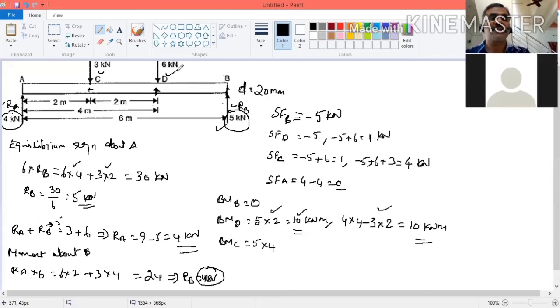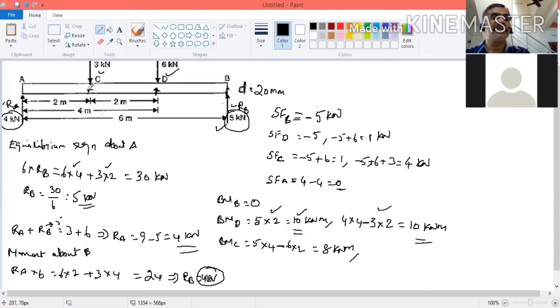Then this force is minus, as it is producing a clockwise moment on the right side. So minus 6 into 2. 20 minus 6 into 2, which is 12, so it is 8 kilonewton meter. For the same, if you consider the left side, then only this one force is there.